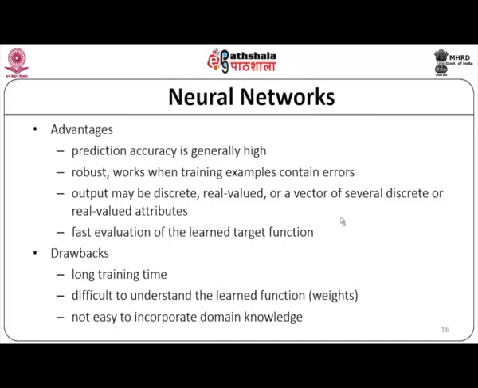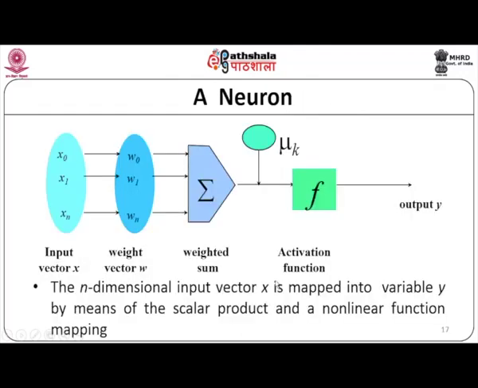The evaluation with respect to the learning is going to be too fast, but on the other side the same neural network takes more time for the purpose of learning, it is difficult to understand the learned functions, and moreover it is not easy to incorporate the domain knowledge. We will understand why these drawbacks are there based on, say, a model which highlights a neural network model.